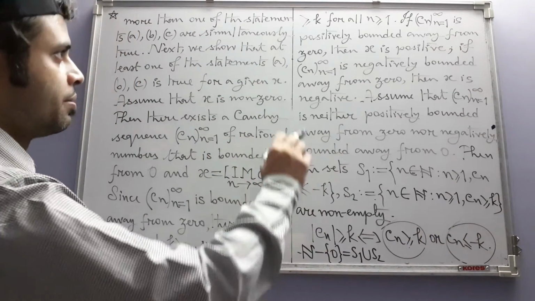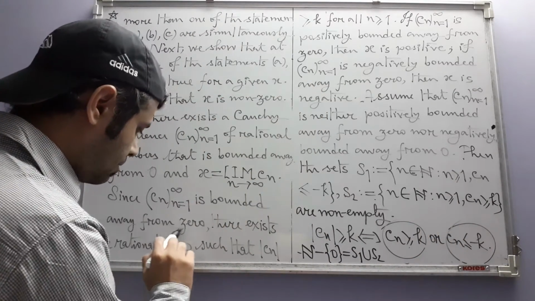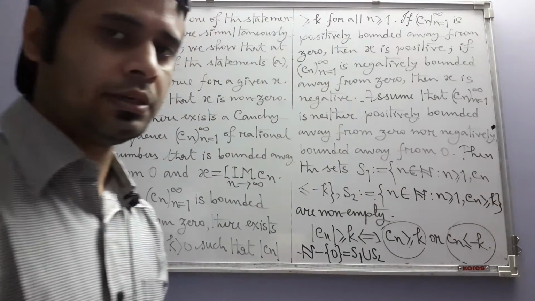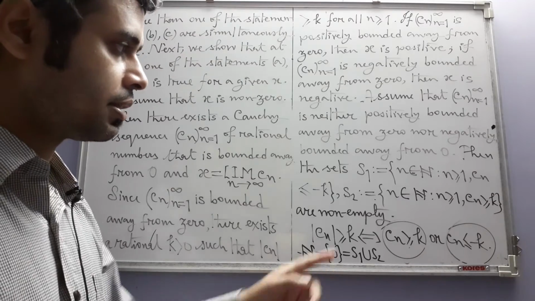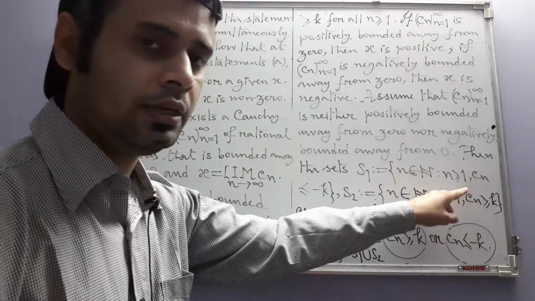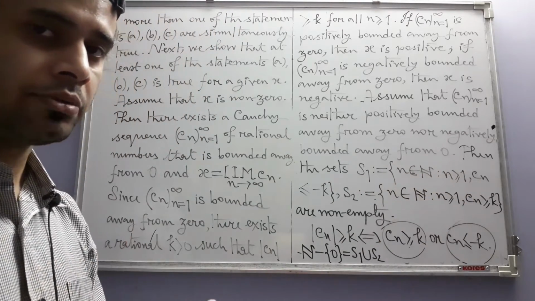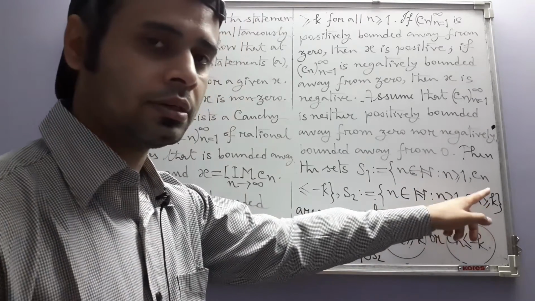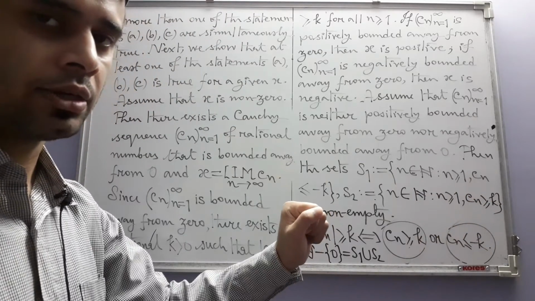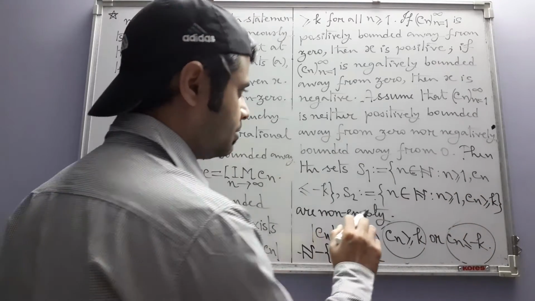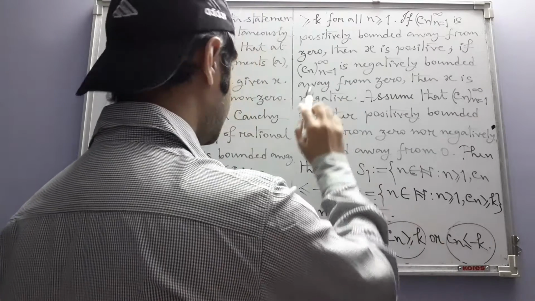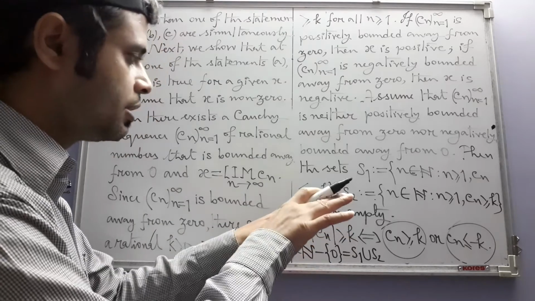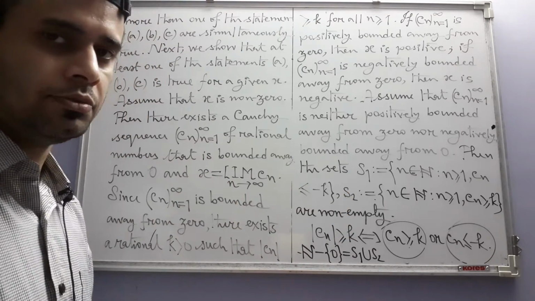Now, since k is a positive rational number, what will that condition tell us? It will tell us that the sequence Cn is positively bounded away from 0, because all of its terms are greater than or equal to a positive rational number. And because x is the formal limit of Cn, this would then tell us that x is positive.